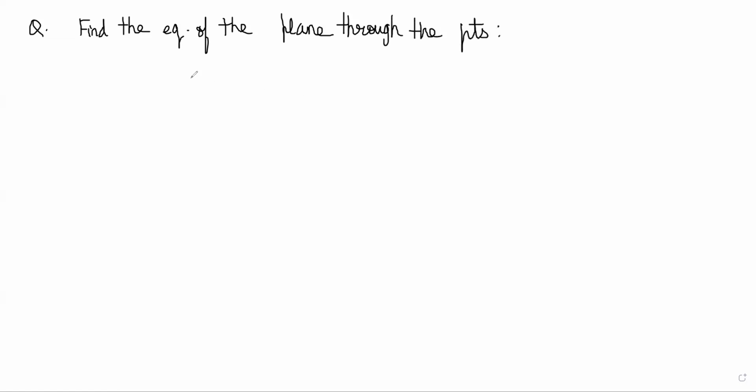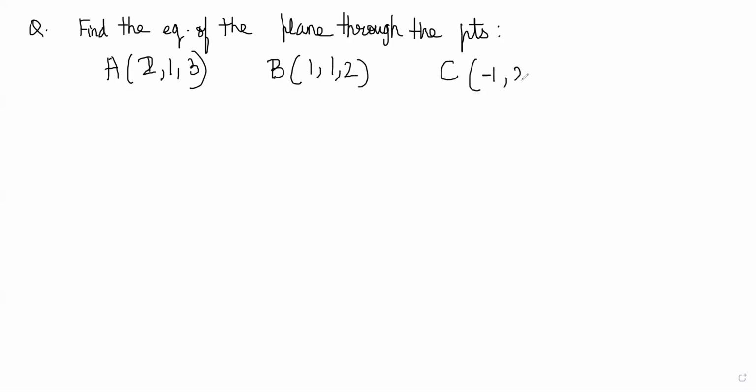Find the equation of the plane through the points A, which is (2, 1, 3), B is (1, 1, 2), and C is (−1, 2, 4).